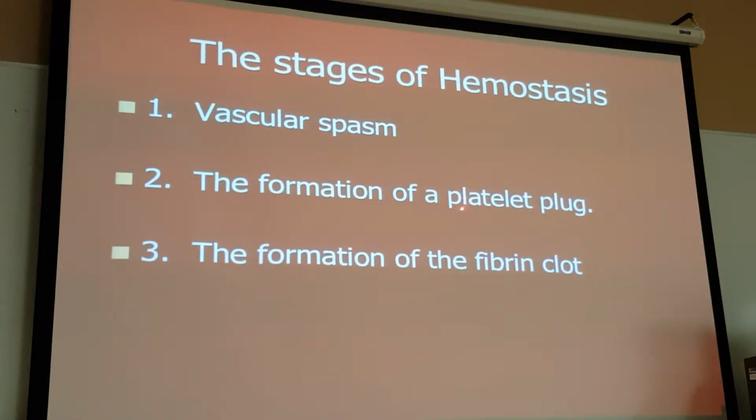But it's got to be a pretty small hole if that's sufficient to block the hole. Finally, the formation of a blood clot is the third one, and by far the most elaborate process. A bunch of really involved, very, very well understood chemistry is involved with that, and we'll talk about that.